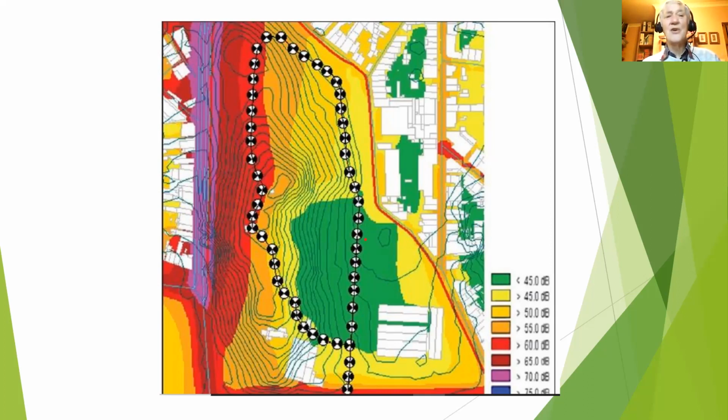So having got all those recordings, below 45 in one part of it and over 60 in another part of it, they then estimated in the noise contours and shaded the map to go with it.